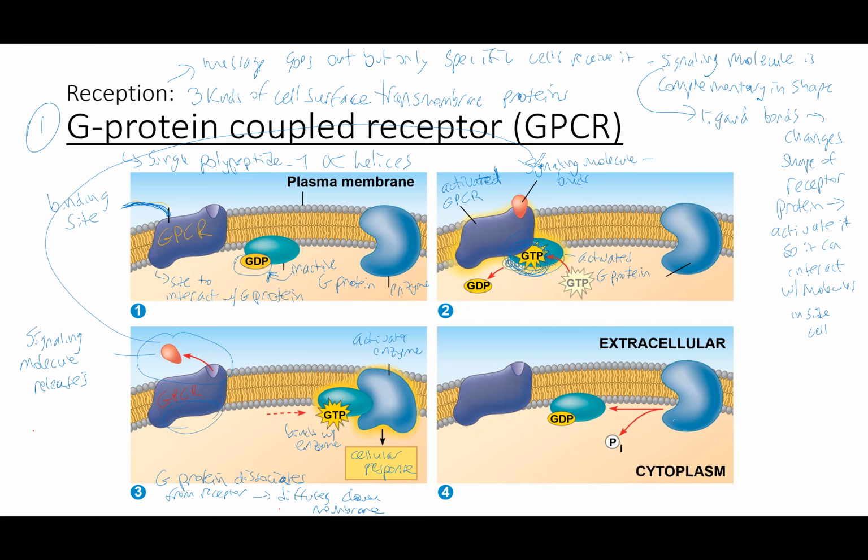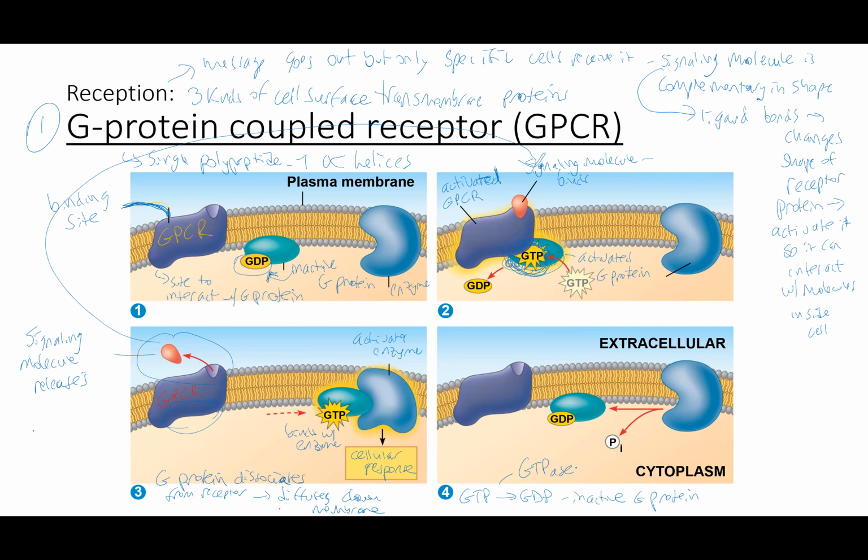The GTP is going to release a phosphate group to become GDP, which inactivates the G protein. It's going to trigger GTPase.